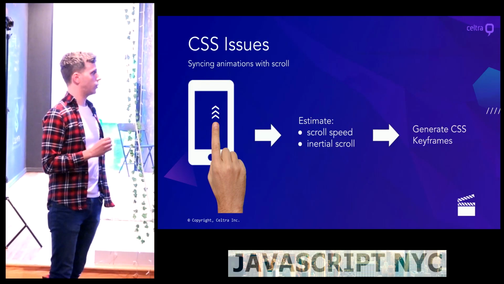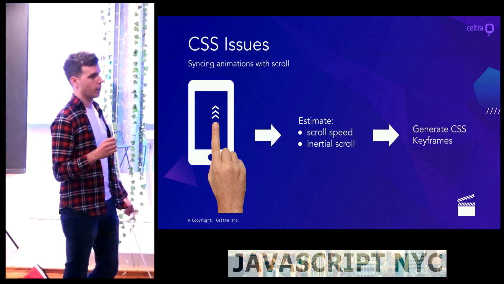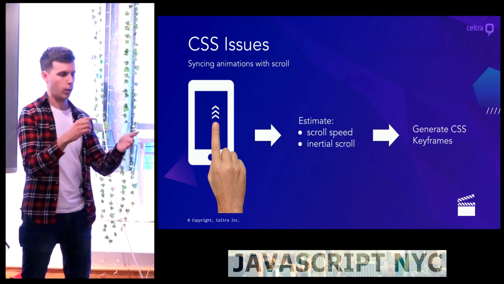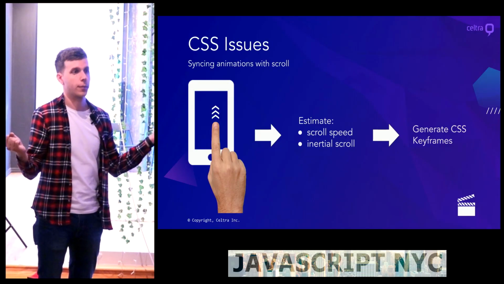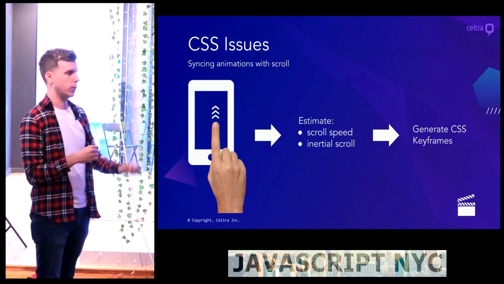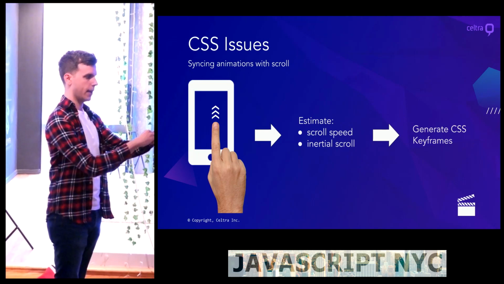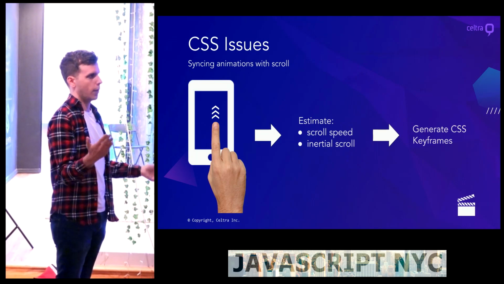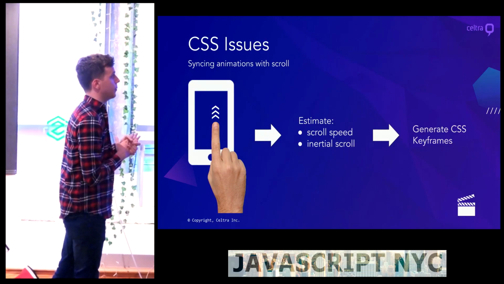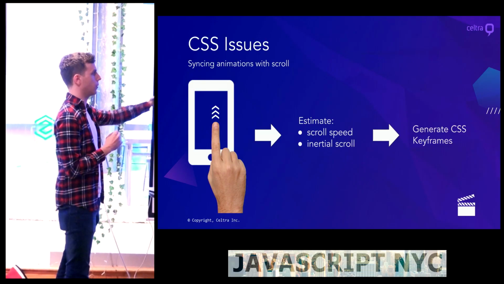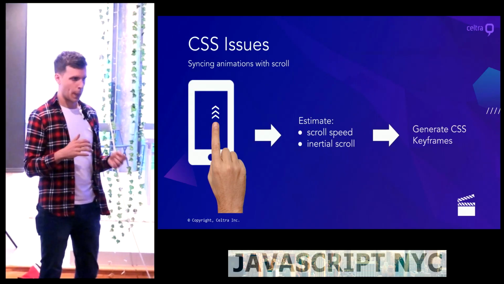And what we could do to solve this, we could generate the keyframes not only at the beginning of the scroll, but for example, on every 200 milliseconds, okay? So if we wouldn't get the keyframes right the first time, we would get them right probably in the next 200 milliseconds. But this would still be an estimation because we would still estimate all of these things that I mentioned before.